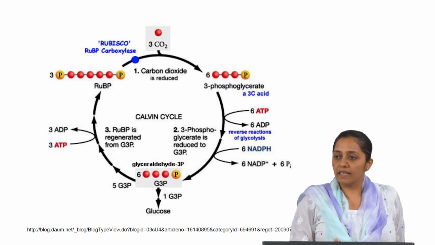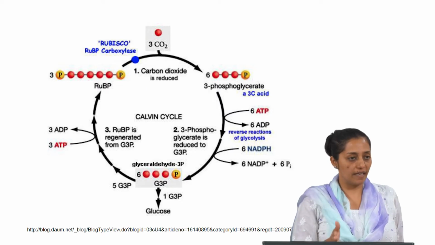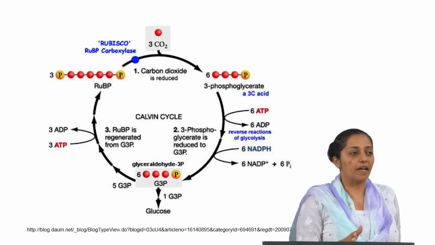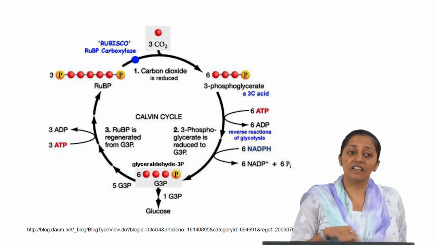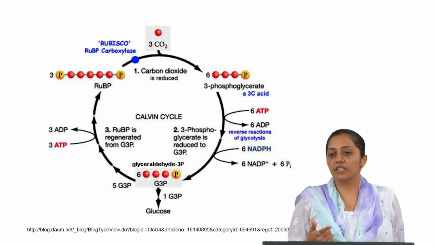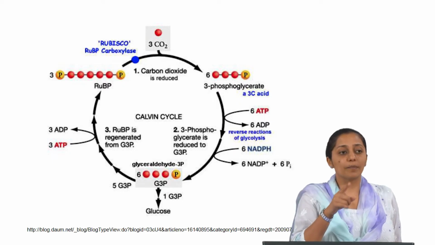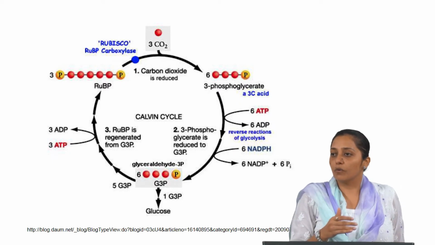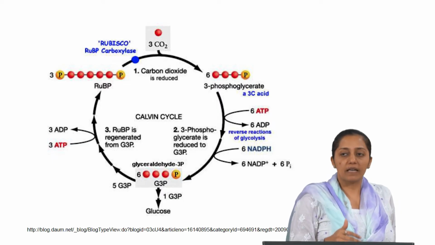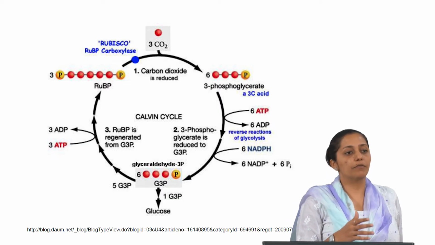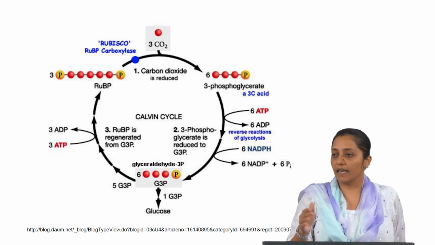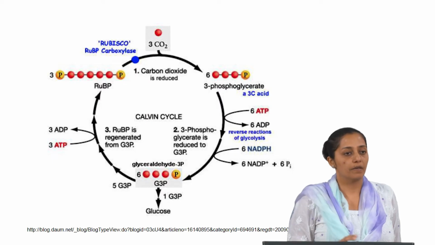Now, one molecule is diverted to form your sugars, and the remaining 5 go into the regeneration phase. Now, why is it called the regeneration phase? Because the precursor molecule ribulose bisphosphate has to be regenerated. So, these 5 molecules are regenerated to give you back ribulose bisphosphate, which can subsequently combine again with CO2 to give you PGA.